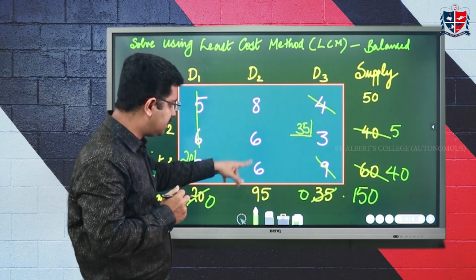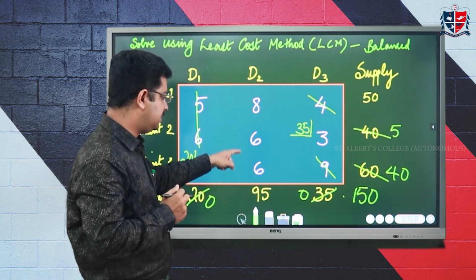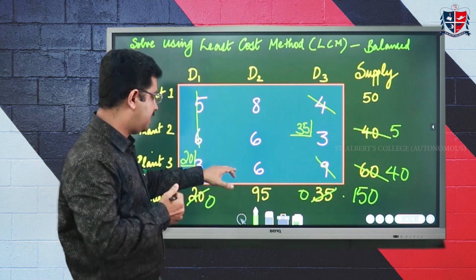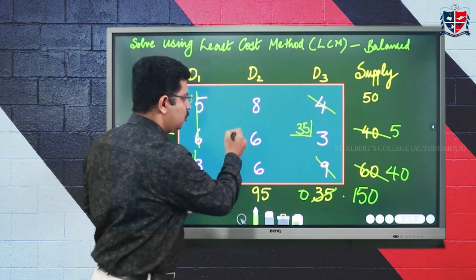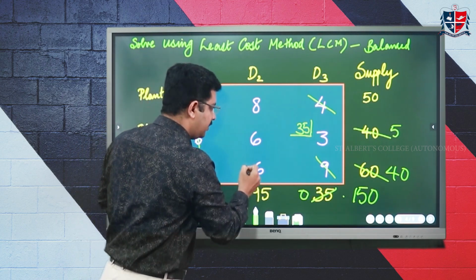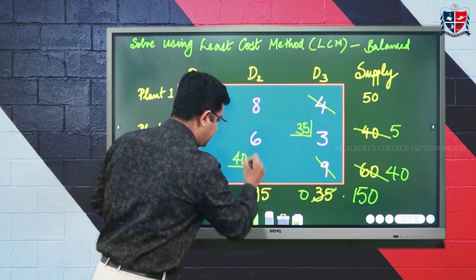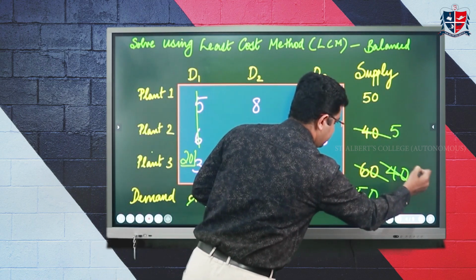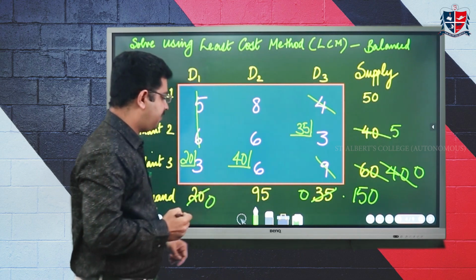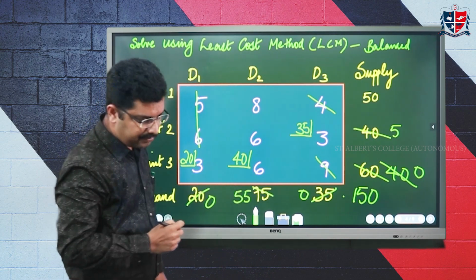What happens next is we go for the next lowest. The next lowest is 6. You can go for any of these 6s, so go for that 6 where the allocation can be high. Here the allocation can be only 5, but here the allocation can be 40. So I am putting 40 here, this 40 becomes 0, and 95 minus 40 becomes 55.